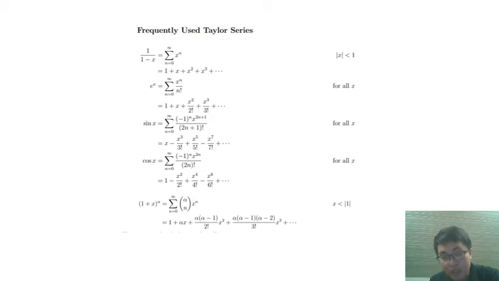Out of these 5, there are 3 that are especially important that I definitely recommend memorizing. The first one is the exponential e to the x, approximating to 1 plus x plus x squared over 2. You only need to memorize the first 3 terms. Usually you'll only be using the first 2 terms. Sometimes you'll be asked to do a quadratic or the second order Taylor approximation. In that case, you'll be using the 3rd term.